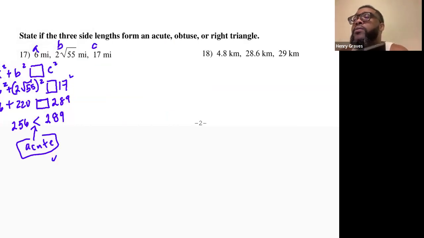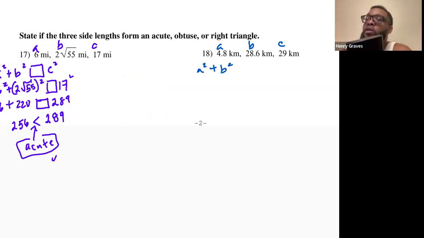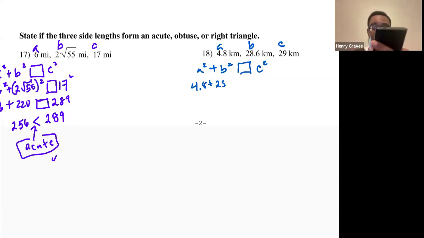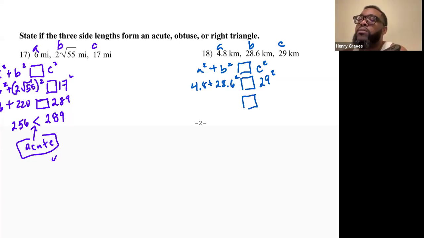ABC. So I'm going to have A squared plus B squared equals, well, blank space, C squared. Again, proving what they form. I know it's going to be 4.8 squared plus 28.6 squared. 29 squared is 841. 4.8 squared is 23.04.